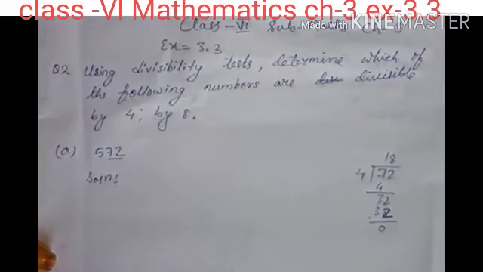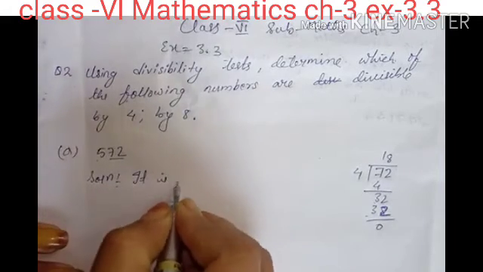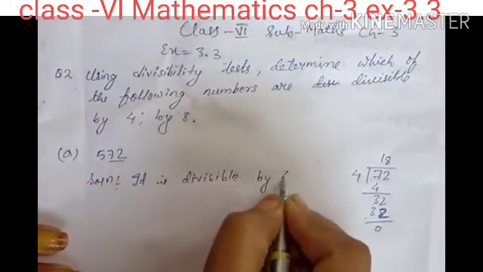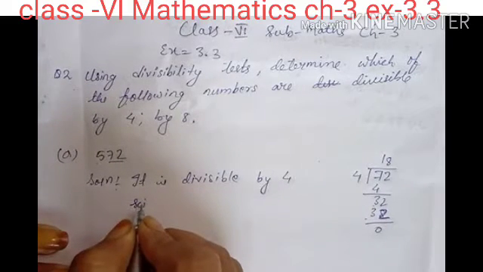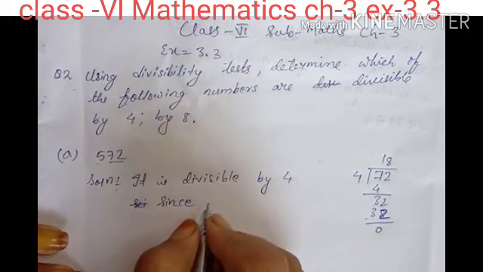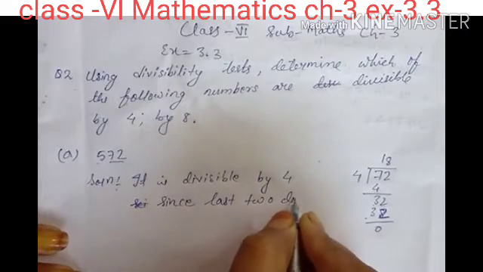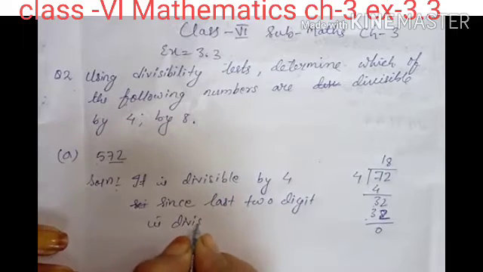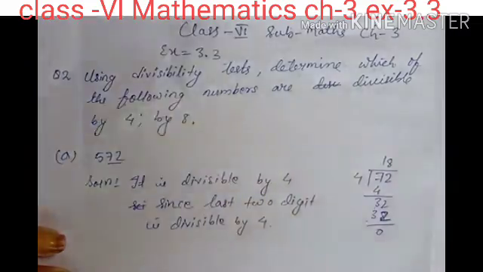So we will see. Now you can write: it is divisible by 4, since the last two digits are divisible by 4.